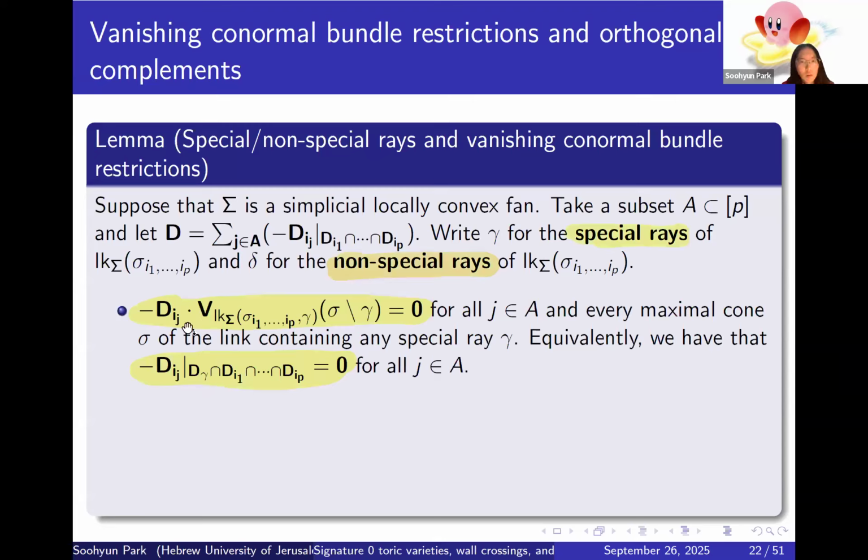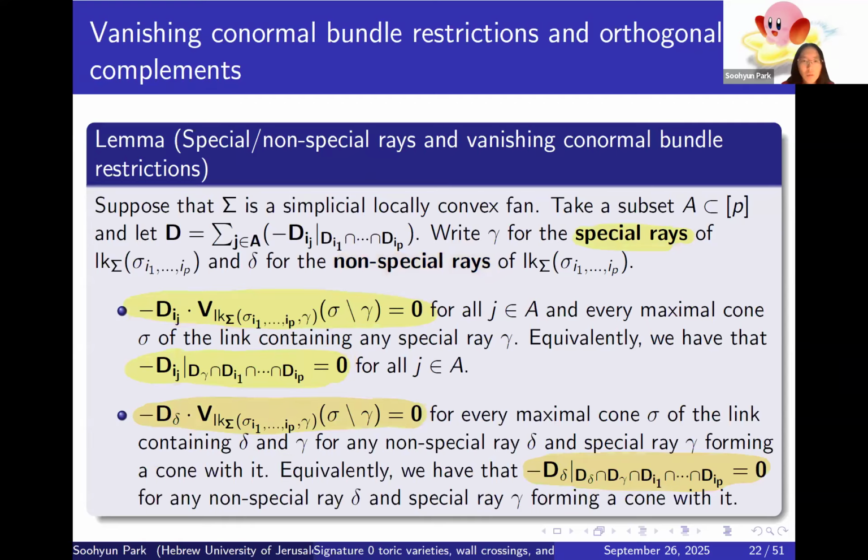The first is a further restriction of the conormal bundle showing up in the mixed volumes or intersection numbers that we want to vanish. And the second one looks a bit weird, but we will explain where it comes from. So before actually explaining the statement, I will go into what steps we took to get to this, which will hopefully explain why this makes sense.